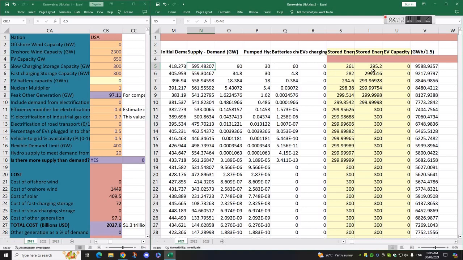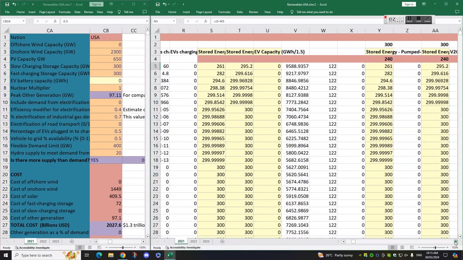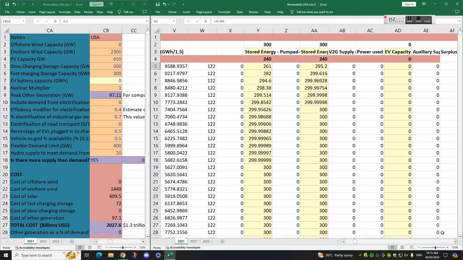So that's the next section of the spreadsheet. If there is a deficit in supply, if demand outstrips supply, then some power can be drawn from the storage types to help supply meet demand. So the next section of the spreadsheet calculates the amount of power that could be discharged from storage into the grid. The spreadsheet has been designed so that you'll never both charge and discharge at the same time.